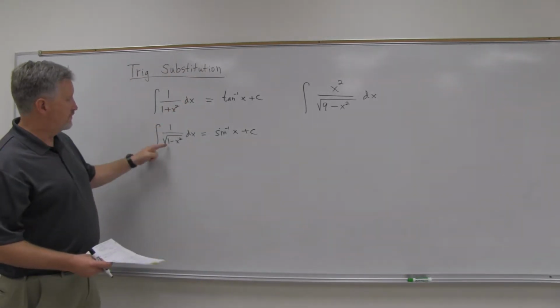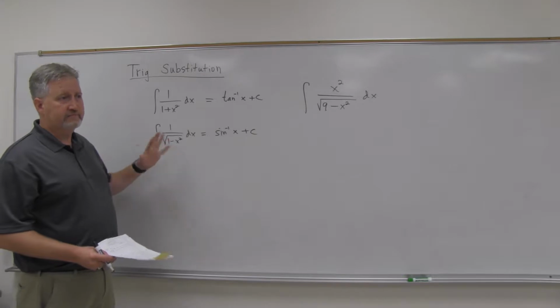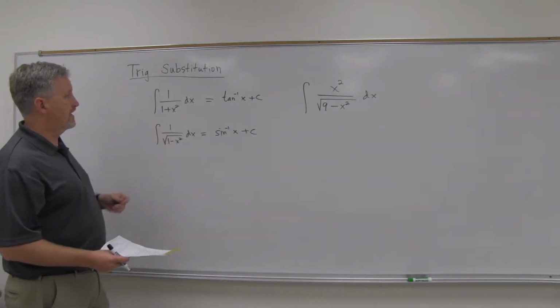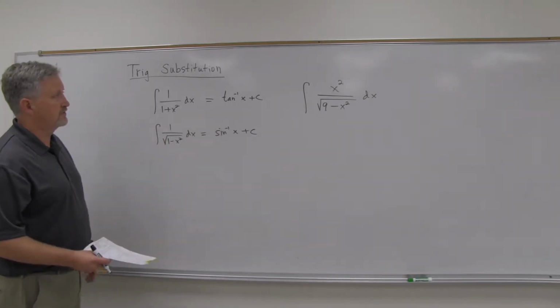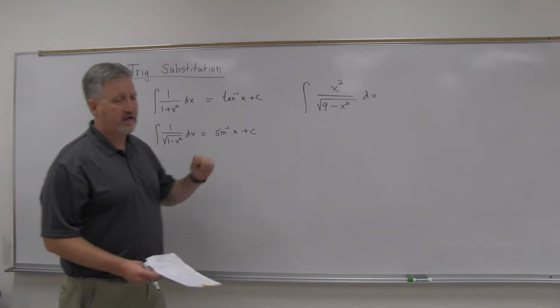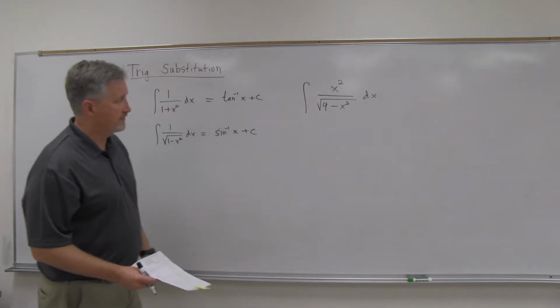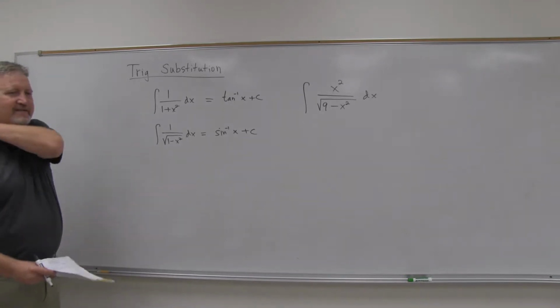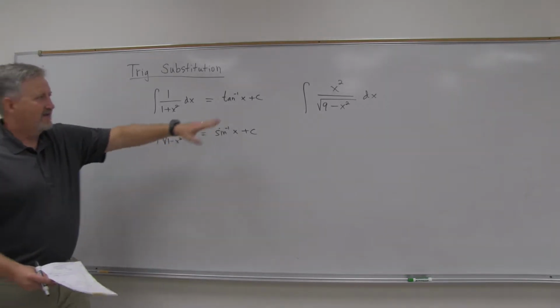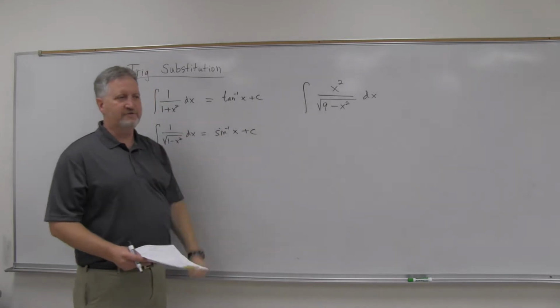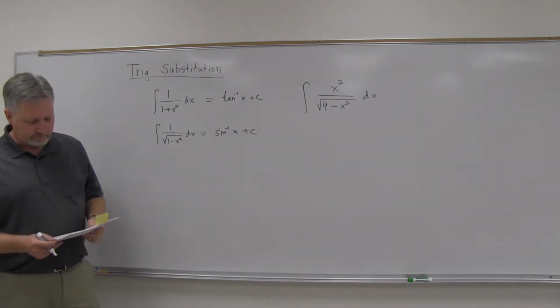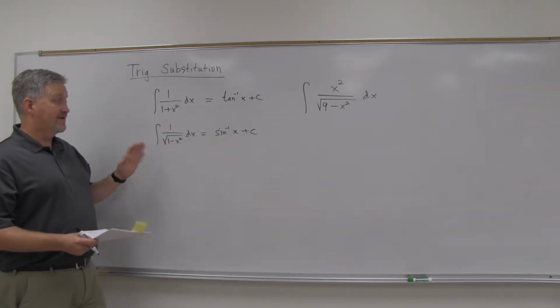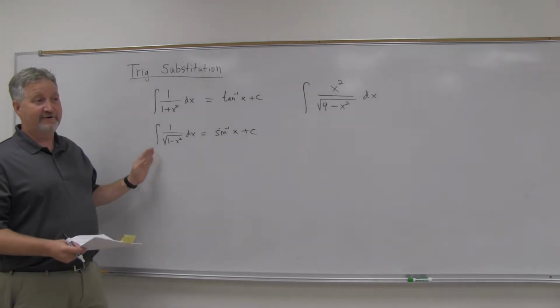If it was 1 over the square root of 9 minus x squared, we could use the sine inverse on that, but it's x squared. It's got a variable on top with it. That's the kind of thing you run into, those little extra pieces. In this case, you just can't use sine inverse there.